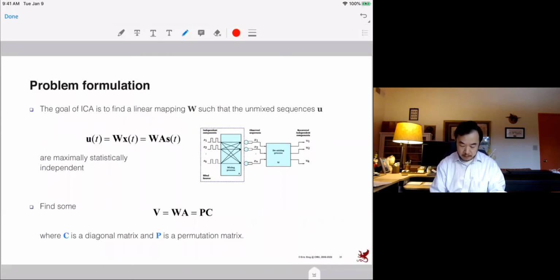From this graph, our goal is to recover this, right? And it's basically related to the observation and the source through a few linear transformation steps.